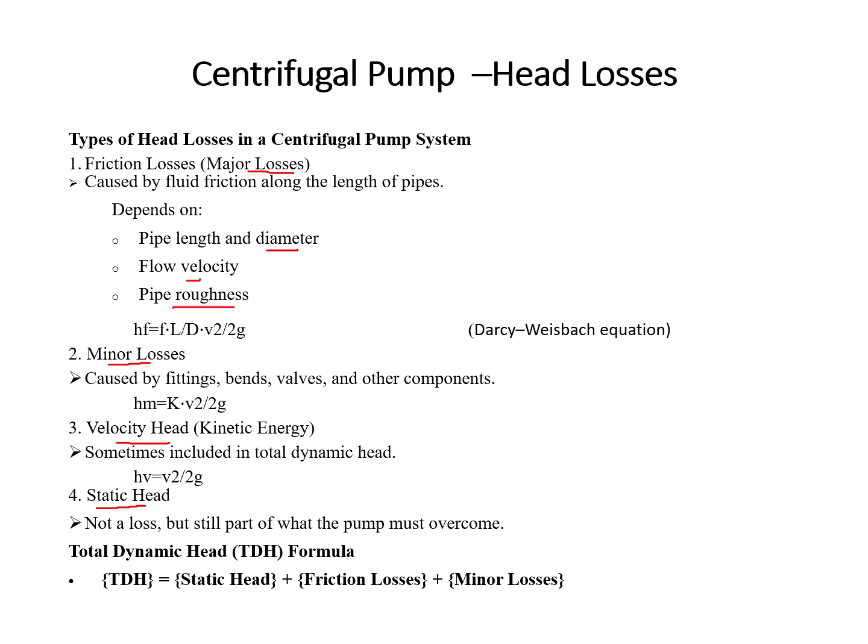And the static head, as I just said, is not a loss, but it is part of what the pump must overcome. So the total dynamic head that the pump must develop is equal to the total static head plus friction losses, which is the major losses, plus the minor losses from the fittings, elbows, bends, and so on.